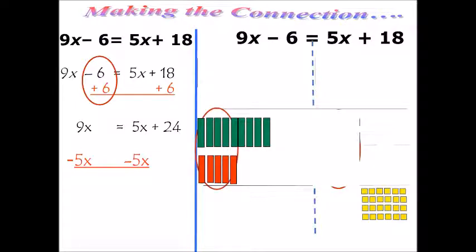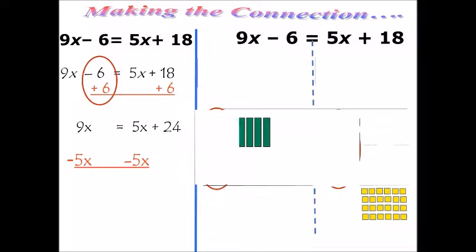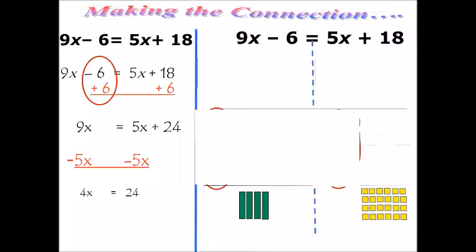On our left-hand side, again, we will look for our zero pairs, take away the 5x from the 9x, they disappear, and we bring down what's left, 4x. So our simplified version at this time looks like 4x is equal to 24. We can see that we've taken 5x away from the 9x, and we've also taken 5x away from the 5x that was there on the right-hand side.